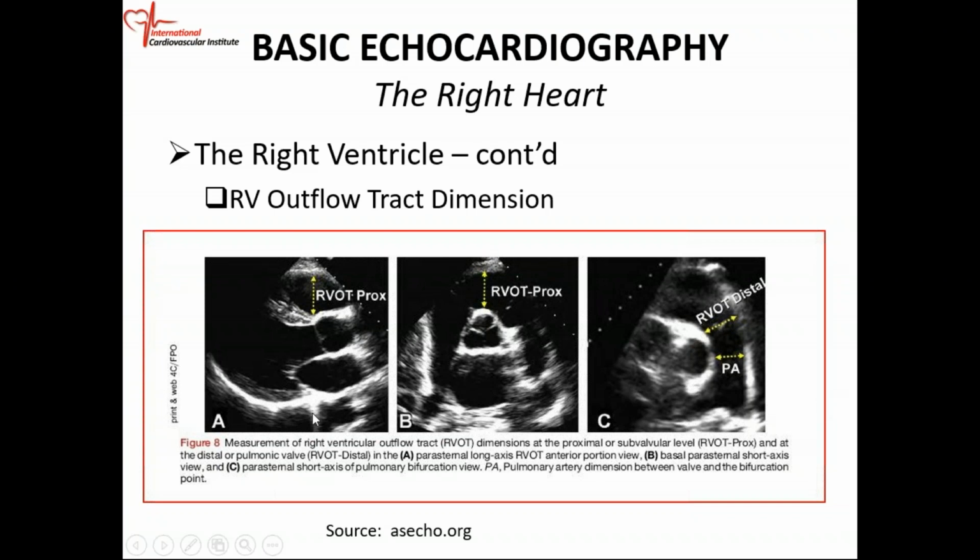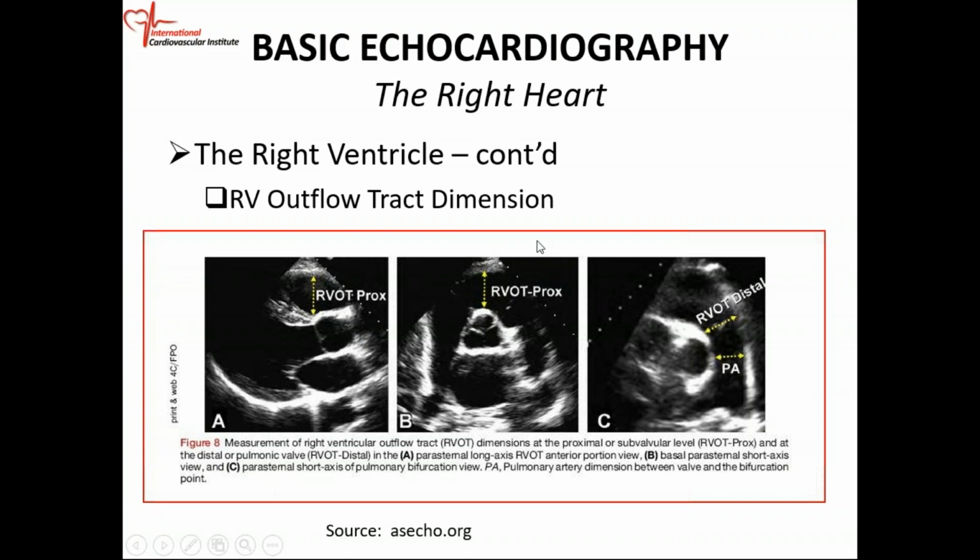This is done in the parasternal long axis view, and this is done in diastole. Okay, and then similarly, this is the short axis at the level of the aorta, and it's done in diastole. And then the RV distal, this is a slightly modified view where you highlight the right ventricular outflow tract.